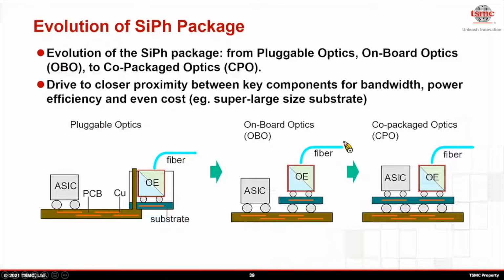It drives closer proximity between those key components for bandwidth, power efficiency, and even cost, which can be associated with the super large size substrate for the CPO case. And this is the opportunity where we leverage our 3D Fabric technology to provide value.